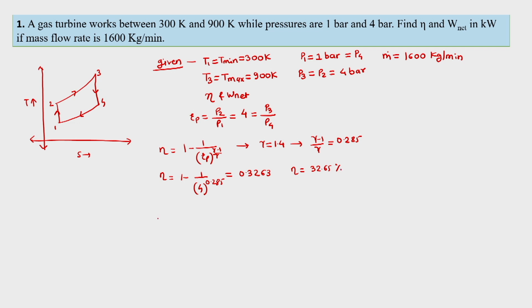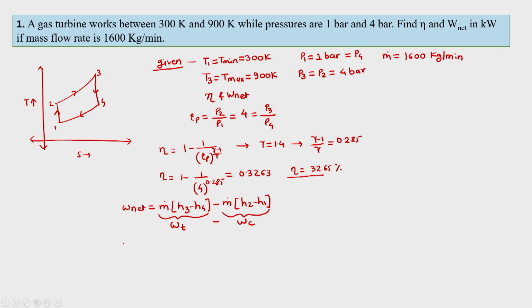We are now supposed to find out net work. For net work we know that W net is equal to m dot into (H3 minus H4) minus m dot into (H2 minus H1). Basically this is Wt minus Wc. So net work is turbine work minus compressor work.